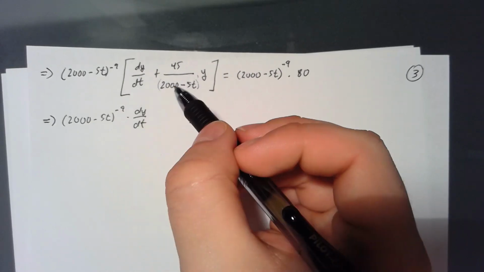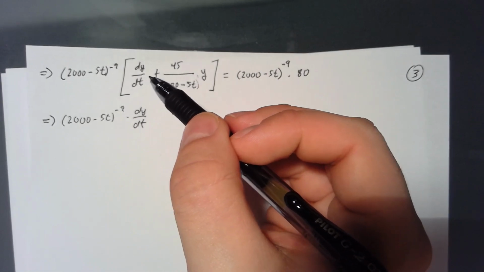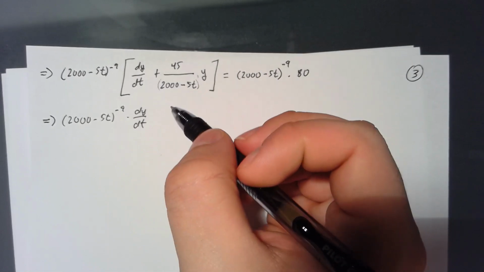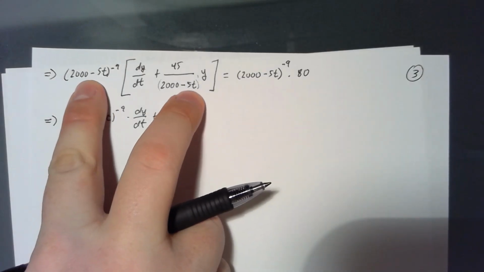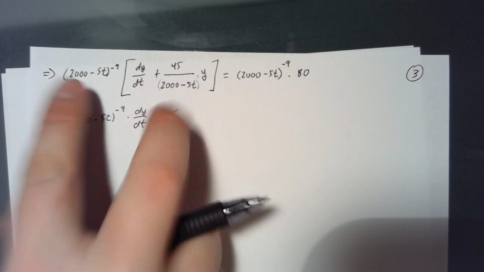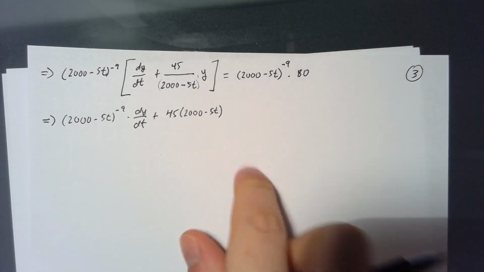These factors are basically going to combine. So what I'm going to have is plus 45 times 2000 minus 5t to what power?